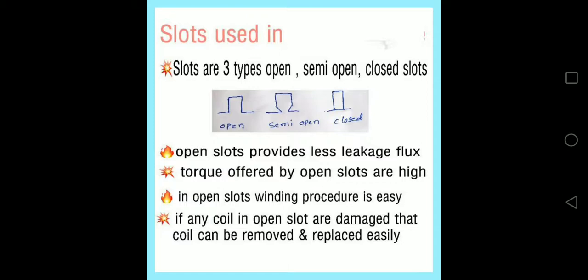When flux is more, the current drawn is less. In a closed slot, current drawn is less. When current drawn is less, torque is less, because torque is proportional to current. If you use the closed slot, current drawn is less, torque is less.